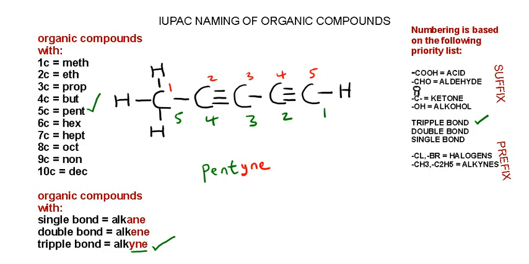Now, this triple bond is between carbon number 2 and carbon number 3, carbon number 4 and carbon number 5 in forward direction. And this triple bond is also between carbon number 1, carbon number 2, carbon number 3 and carbon number 4 in backward direction.